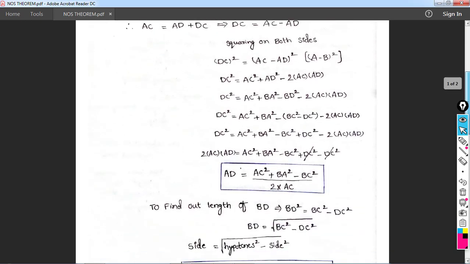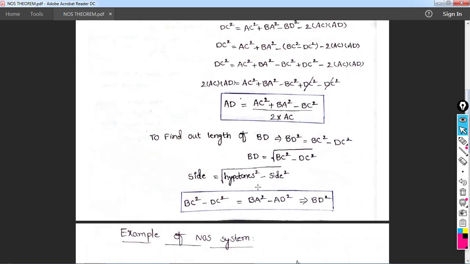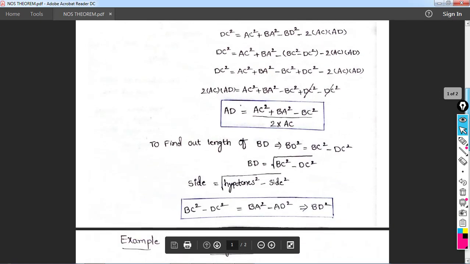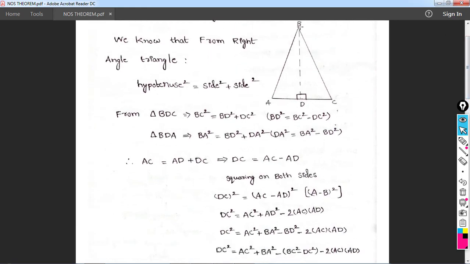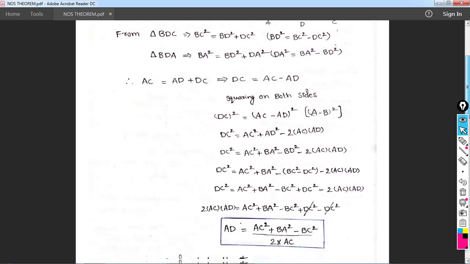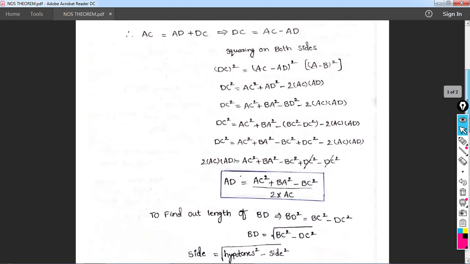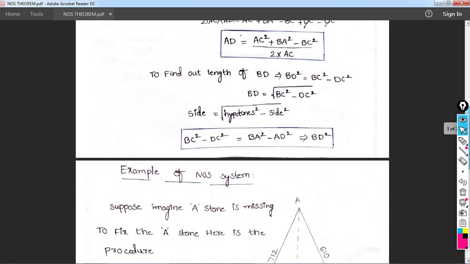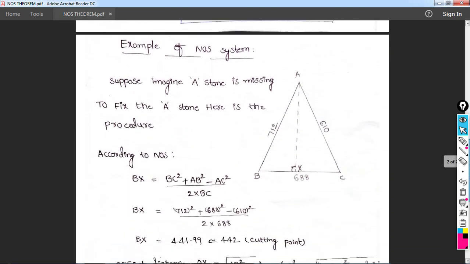So this is the theorem and this is the condition: BD square must be equal to BC square minus DC square, and BD square must be equal to BA square minus AD square. These are some conditions, and let me show an example of this NOS system.